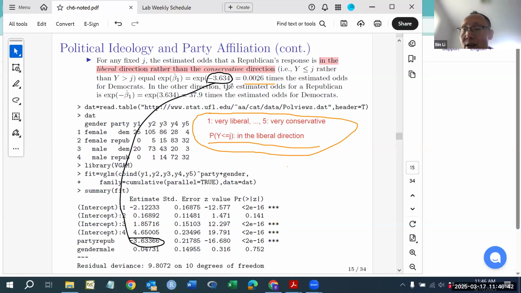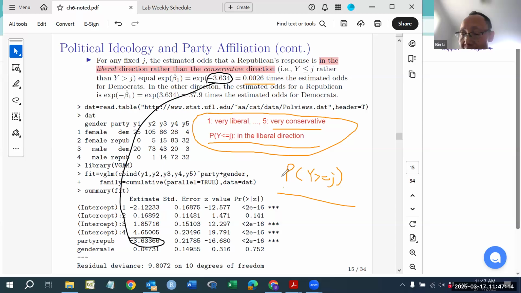And we can also interpret in the other direction. Now, if we interpret in the other direction, what does that mean? That means this time it is the probability of y is greater than or equal to j. Okay, so that is in the direction of the conservatives. So in the other direction, the estimated odds for the Republican is 37.9.